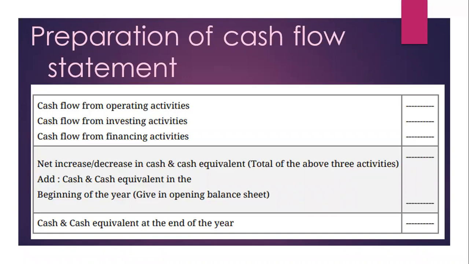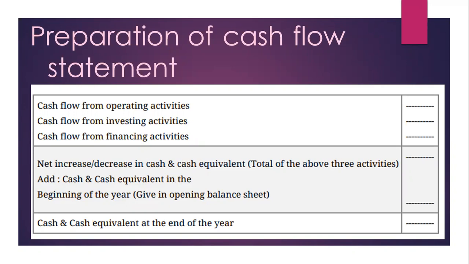The format of cash flow statement is, first we will list all the operating activities and the final amount from operating activities will be written. Then it is cash flow from investing activities, then cash flow from financing activities.